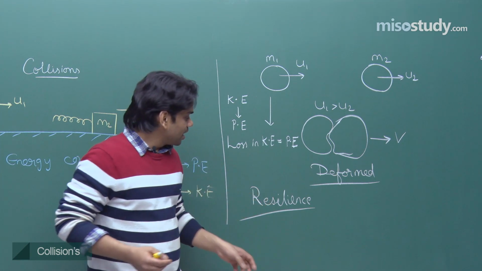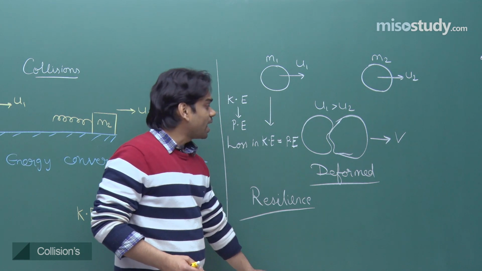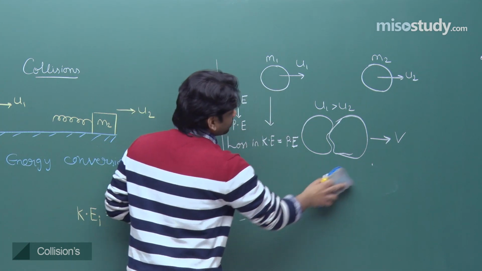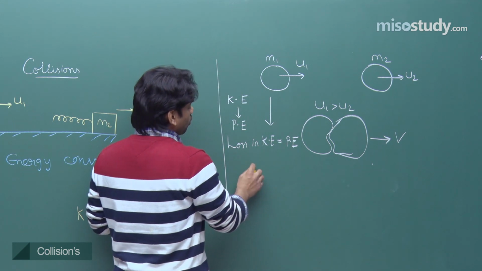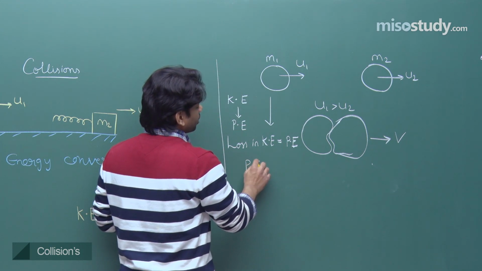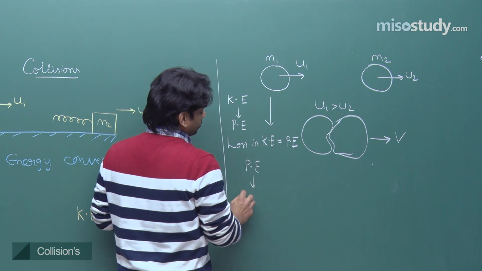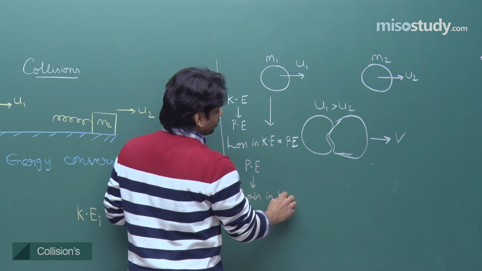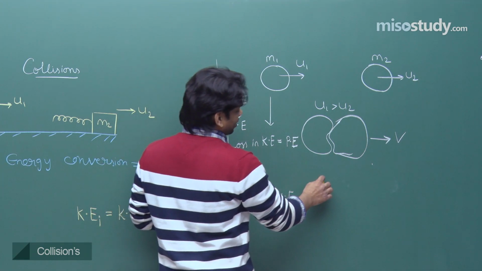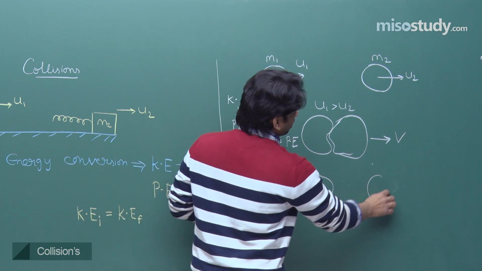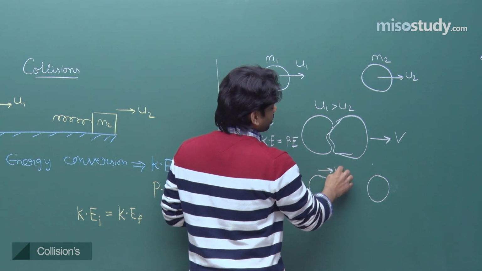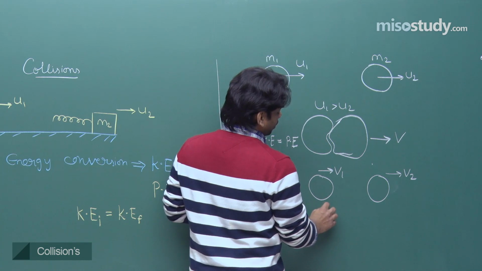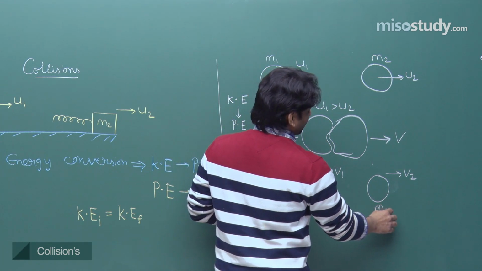As the deformation ceases, all the potential energy which was there will appear as a gain in kinetic energy of the system, or let's say they will start moving with different speeds. Let's say the different speeds are v1 and v2 of each of the objects of masses m1 and m2.